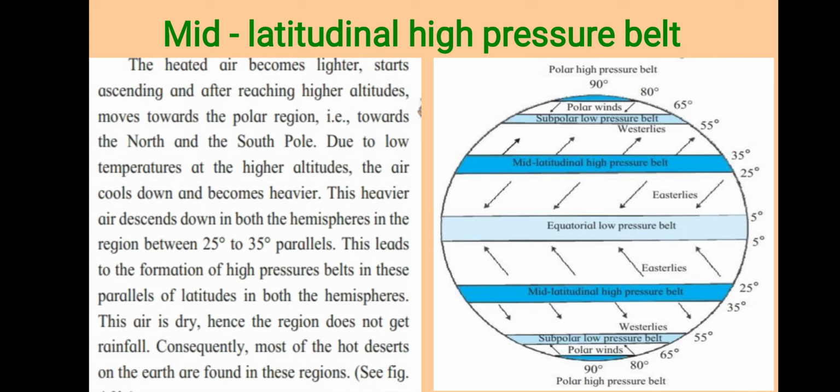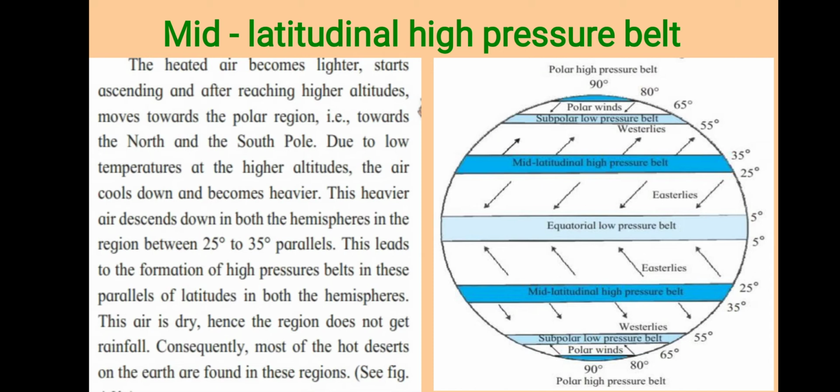If the heated air goes up in the sky, then it becomes cold, and cold air is heavier. That's why this heavier air starts to come down to the ground. That's why between 15 degree to 35 degree parallel, a high pressure belt occurs. This high pressure belt is known as the mid latitudinal high pressure belt.